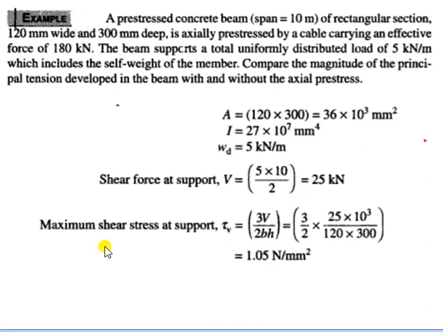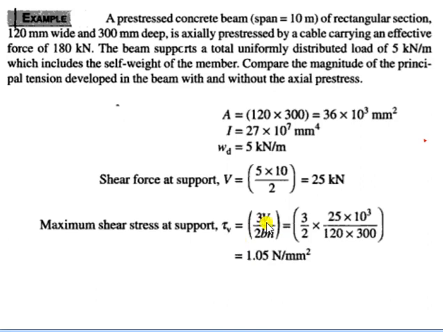So maximum shear stress at support tau V is equal to 3V by 2 into B into H. So 3 by 2 is nothing but 1.5. You can directly substitute 1.5 V divided by B into D, which is the same equation.